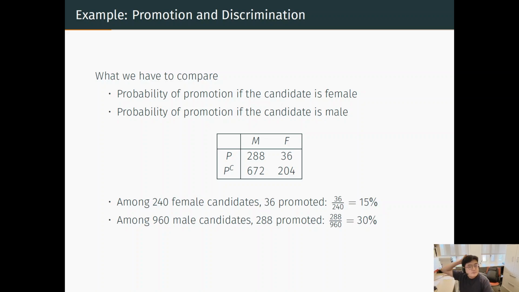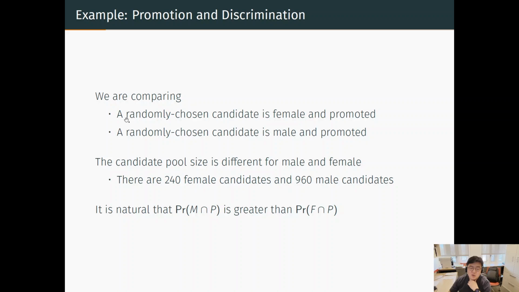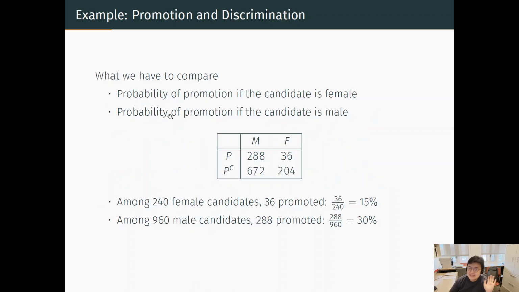What we want here is to be more careful. It's like we randomly choose a candidate and check if the candidate is female or promoted, okay? But that's not what we want. We would like to change our experiment.